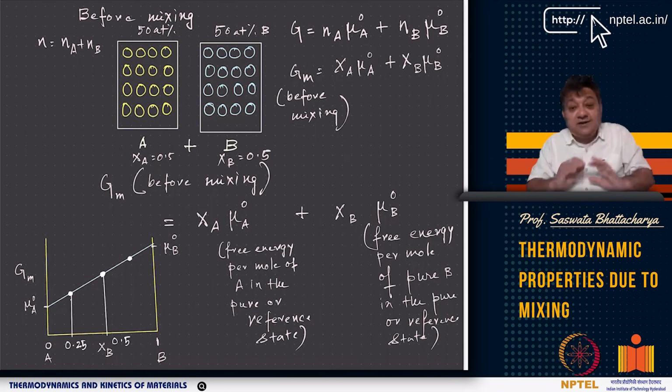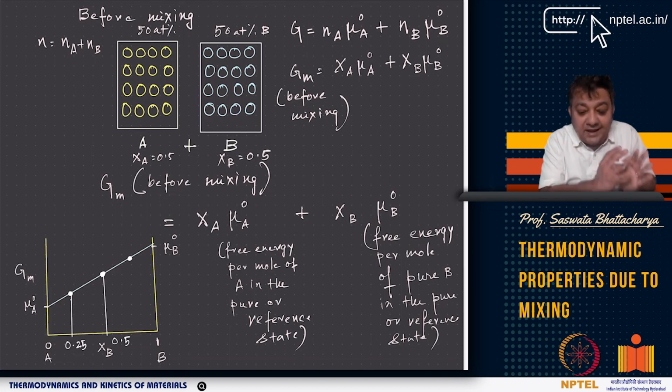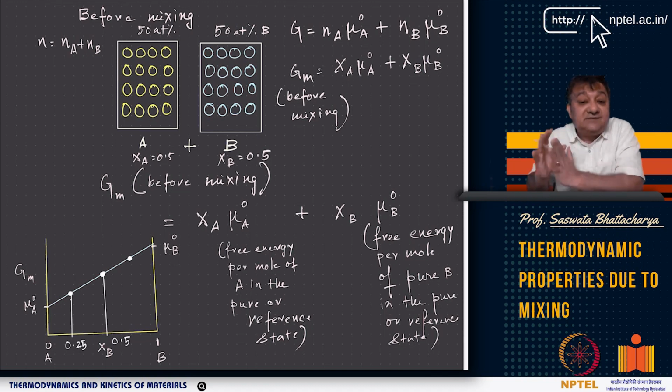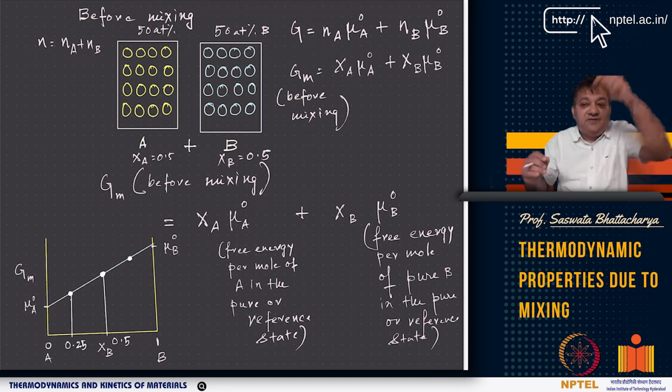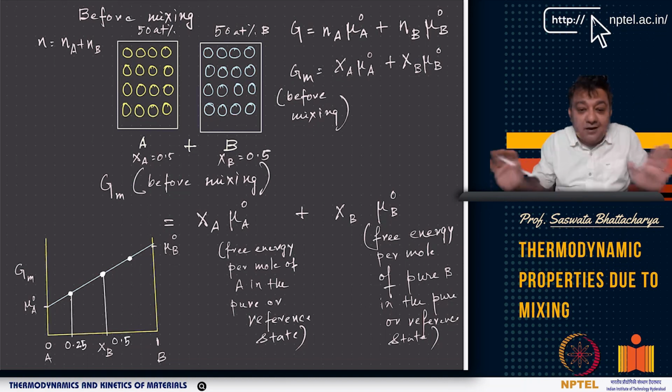They haven't yet formed a solution. A maintains its distinct A nature and B maintains its distinct B nature. You can easily distinguish one partition that is completely A, the other partition that is completely B, if you have removed the partition but you haven't allowed them to mix.